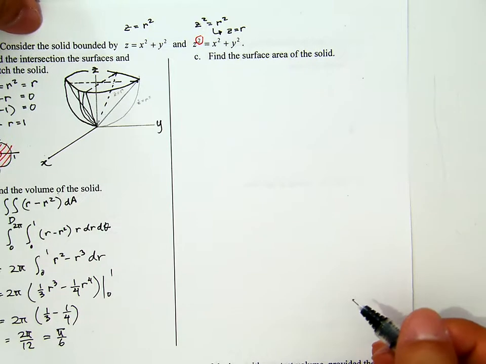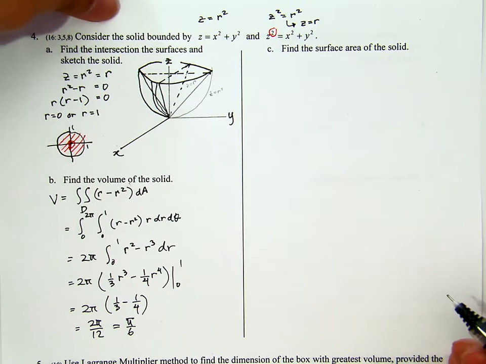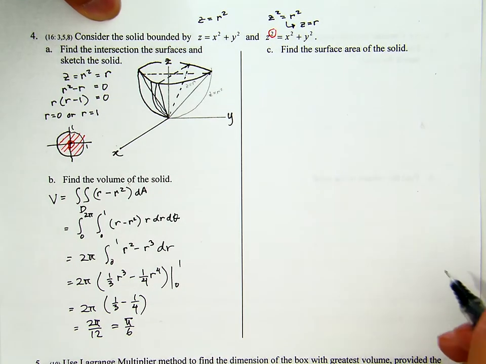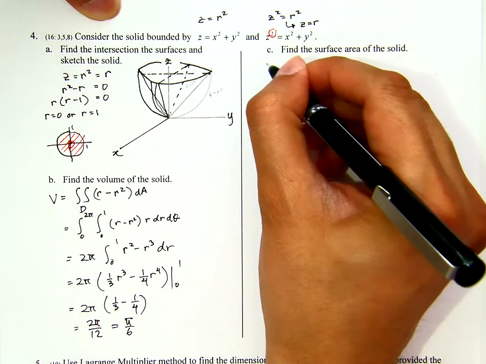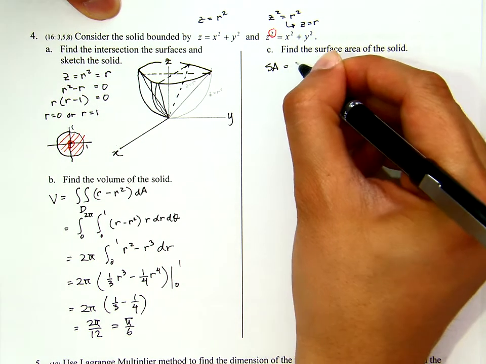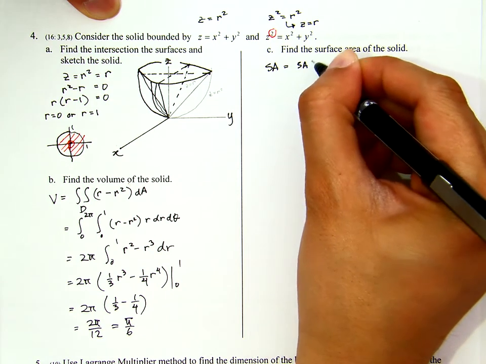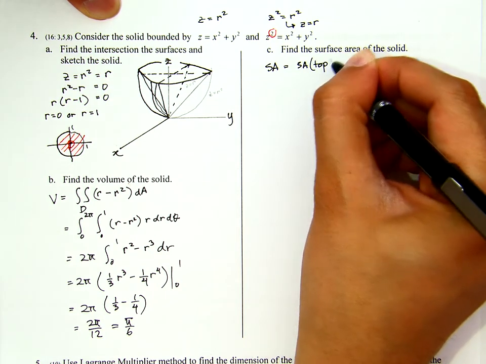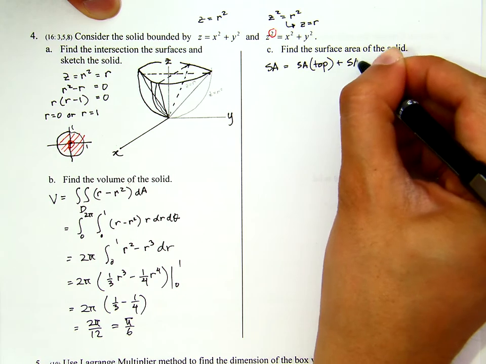now how about the surface area of the solid? Now let's see the top one. The surface area of the solid equals the surface area of the top plus the surface area of the bottom.